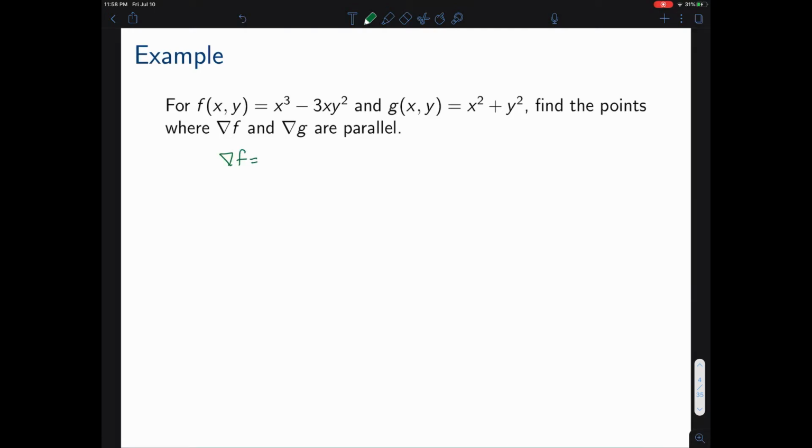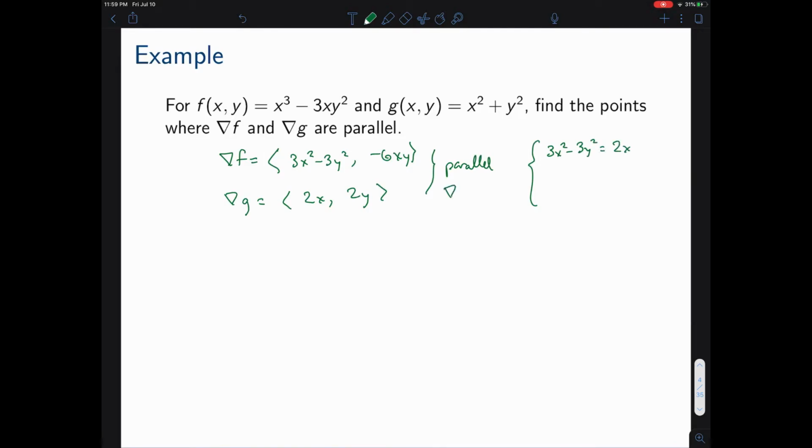So the gradient of f is the vector 3x squared minus 3y squared, and then minus 6xy, and the gradient of g is the vector 2x, 2y, and we want them to be parallel. So the gradient of f should be the gradient of g times some scalar multiple, let's say lambda.